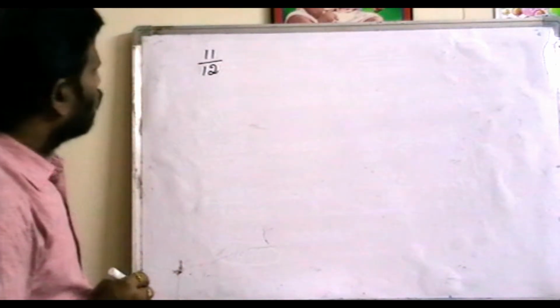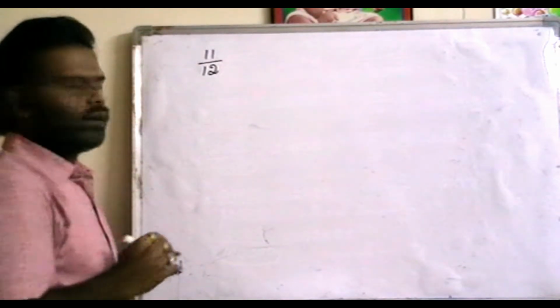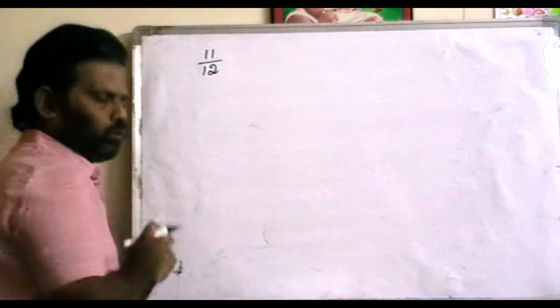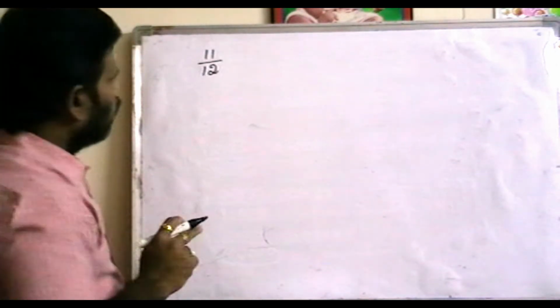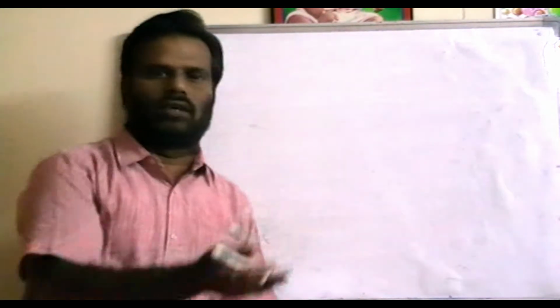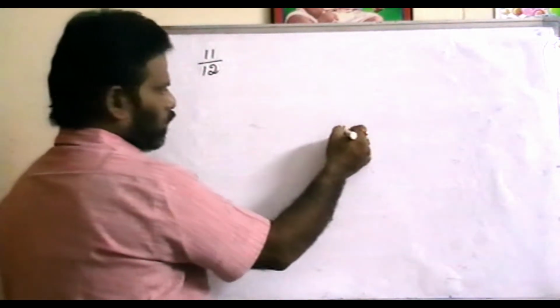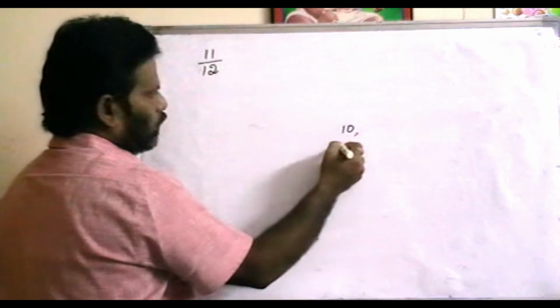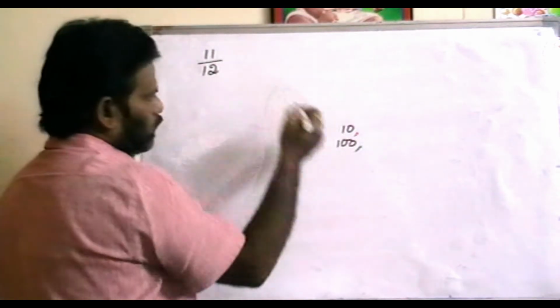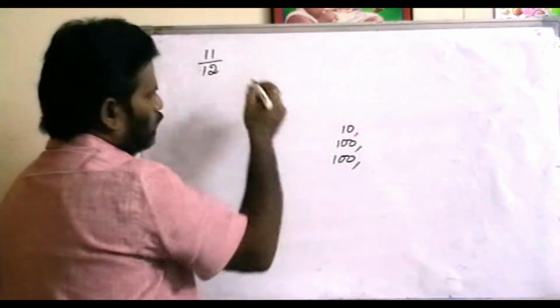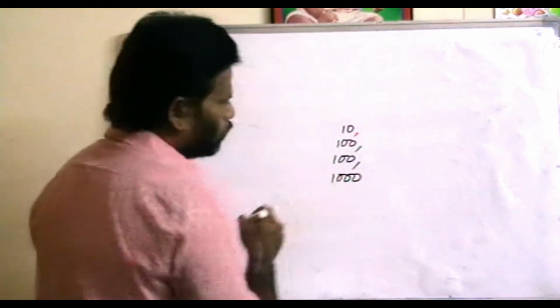In this 11 by 12, the denominator is 12. That 12 we cannot change into the nearby round figure, because 12 into anything is not equal to 10, 12 into anything is not equal to 100, 12 into anything is not equal to 1000.